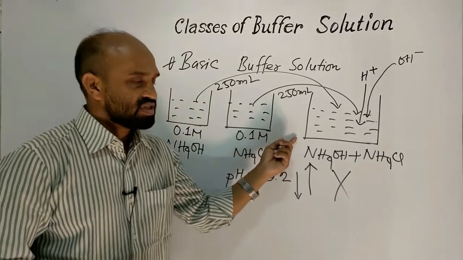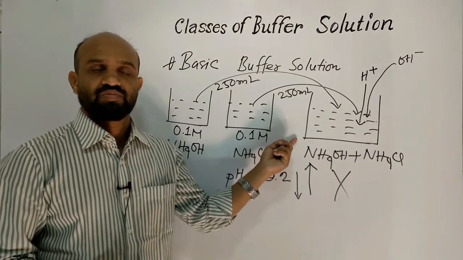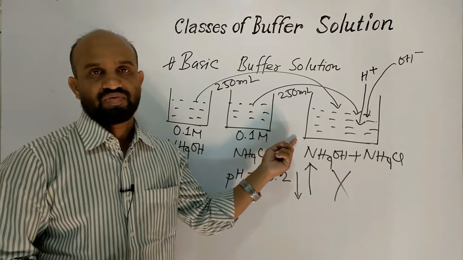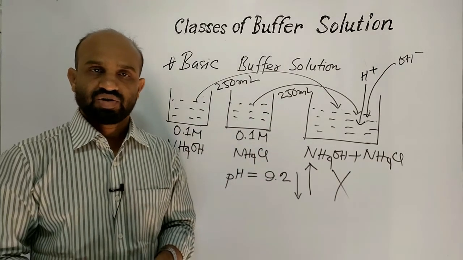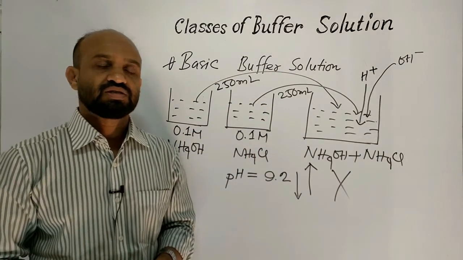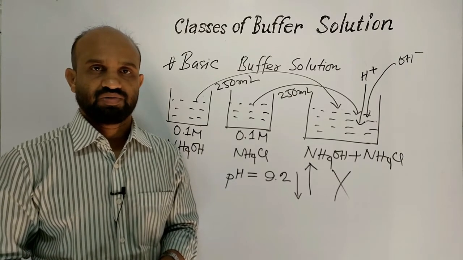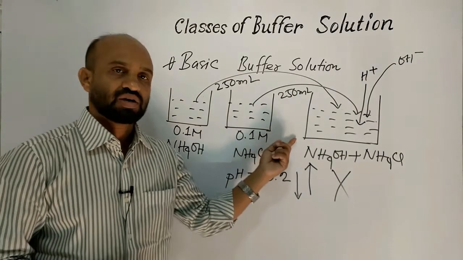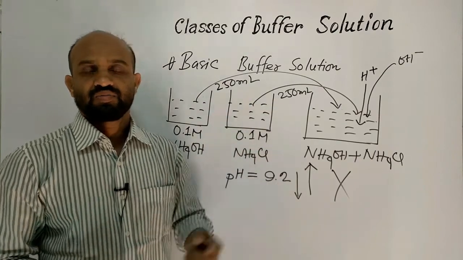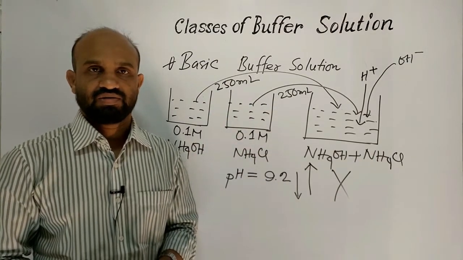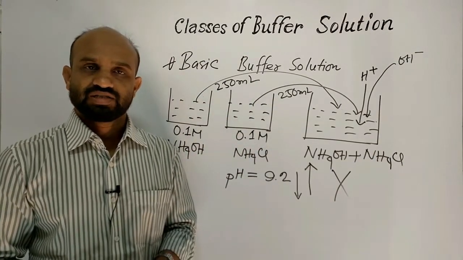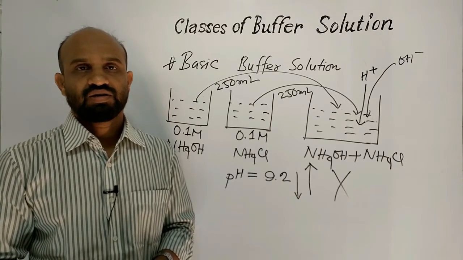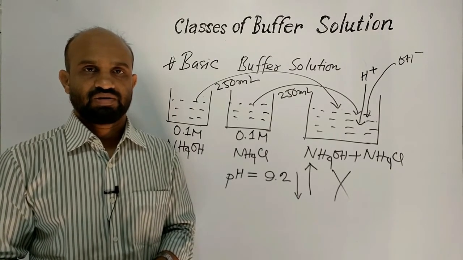So it's a kind of basic buffer solution. Buffer means the solution which protects the change of pH value. That is why it's a kind of buffer solution, basic buffer solution. This is about acidic buffer solution and basic buffer solution.